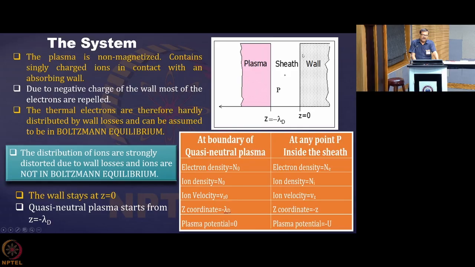But once the negative potential develops over there, it retards the electrons. So it says that no more electrons are required over here, but let more ions come, so that I can neutralize the net charge, that is, the electron number is the same as the ion number over here. And we'll show you at the end of this exercise that they really maintain this under certain conditions. And what I just told you is the Bohm criteria.